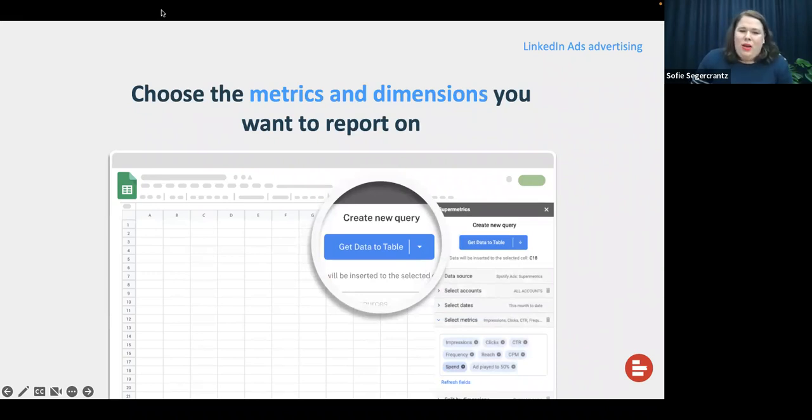Then you just press the Get Data to Table button, and you'll start seeing that data show up in the spreadsheet. Once you're happy with what the data is, you can set up automated refresh that refreshes hourly, daily, weekly, or even monthly. And then you'll always have that data you need right at your fingertips. We have both a solution for Google Sheets and for Excel. So whether you're a Microsoft or a Google user, we are here to serve you.